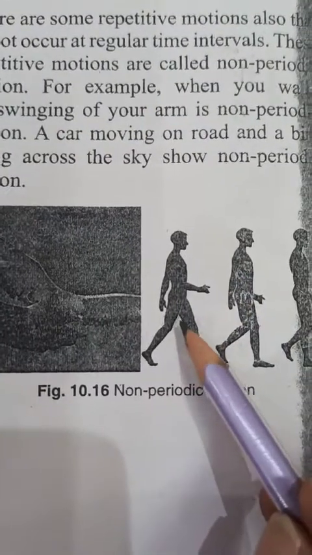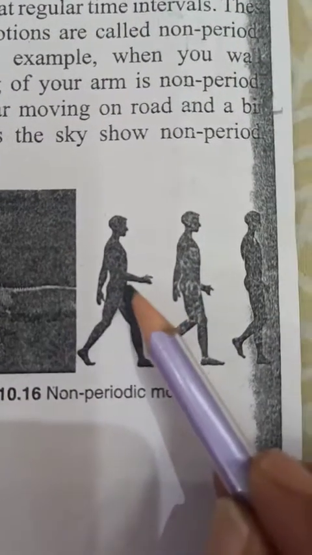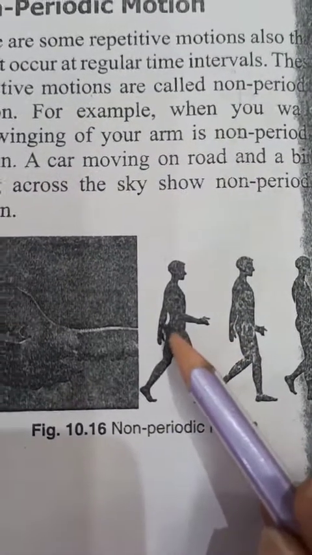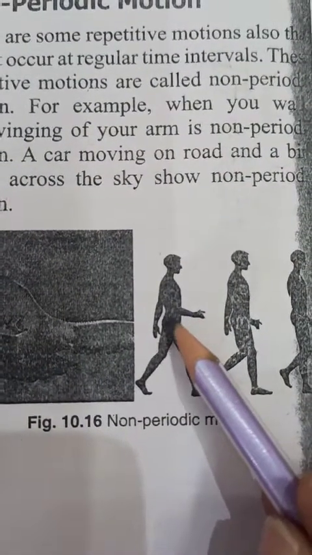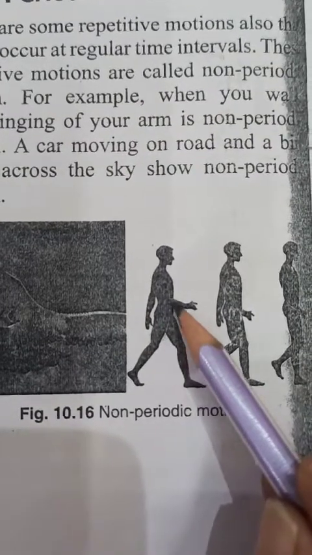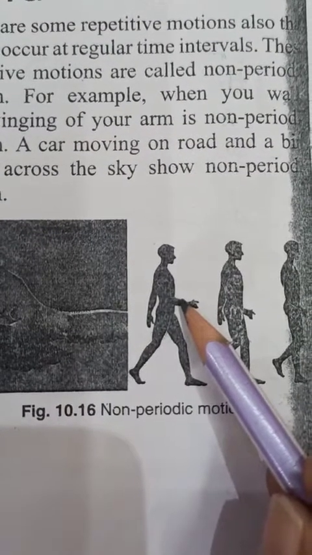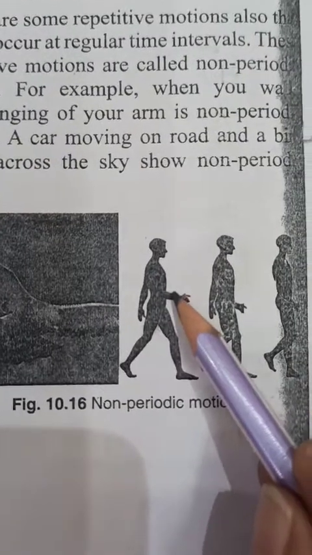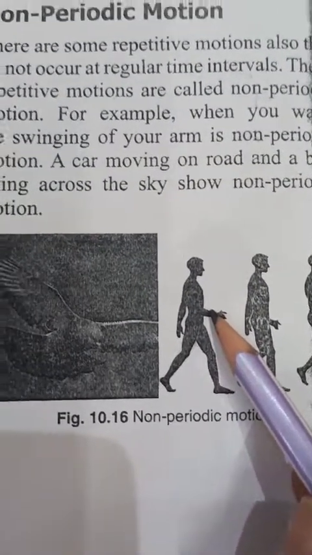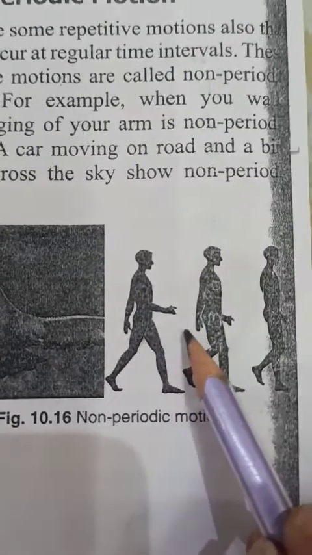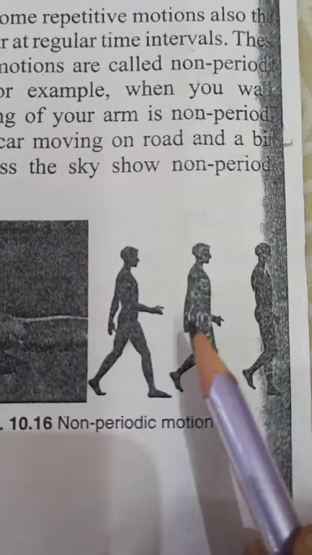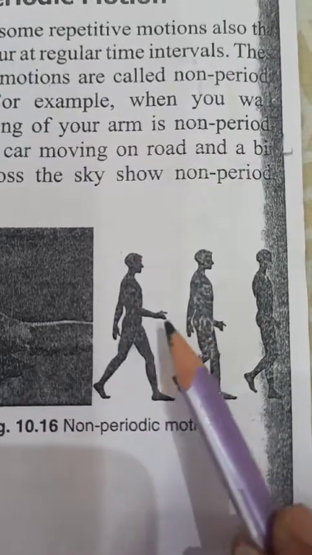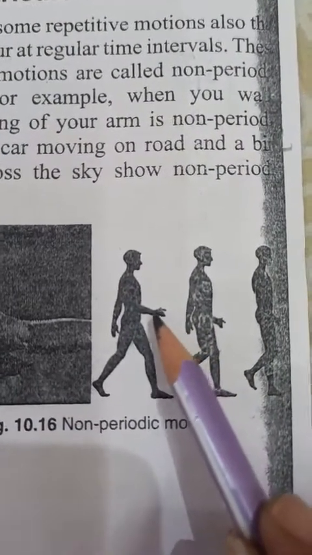You know, children, when we walk, you see our hands swinging. One time we move our right hand, and after that we move our left hand, and in this way we walk. While walking, we use both hands one after another.